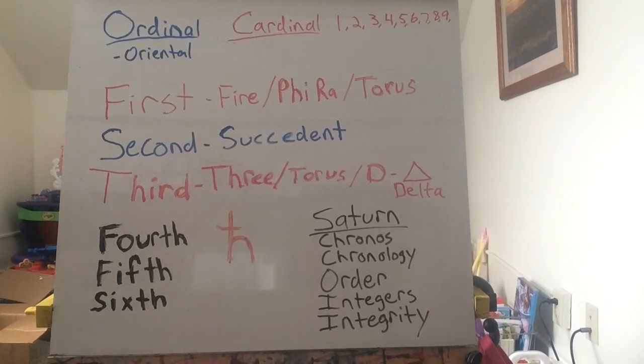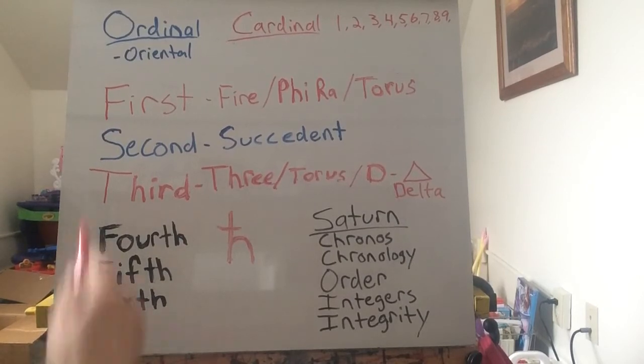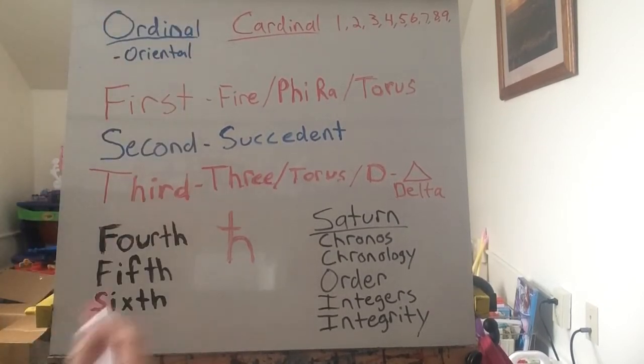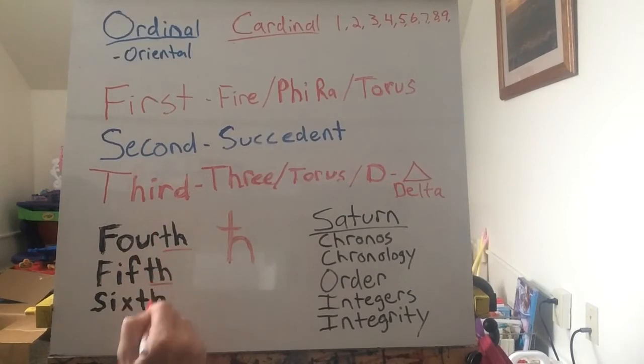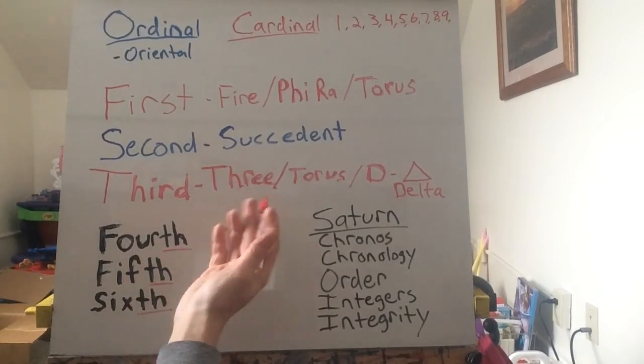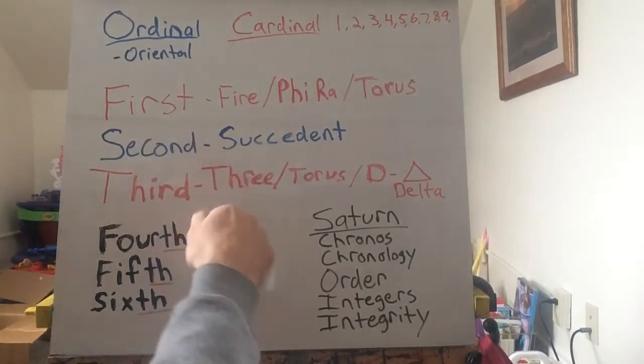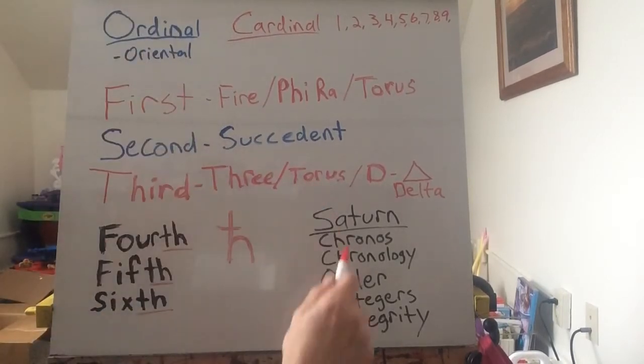And I said, that sure does look like a T and an H. And, being a syncretist, I ran with that and I started thinking about it. And this is the first thing that came up. This TH is this glyph of Saturn, because Saturn is all about order. Saturn is integrity, energetically.